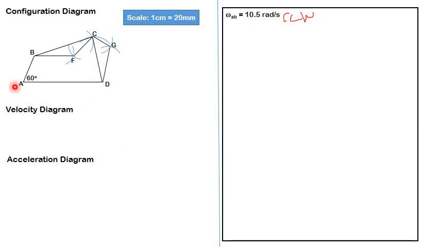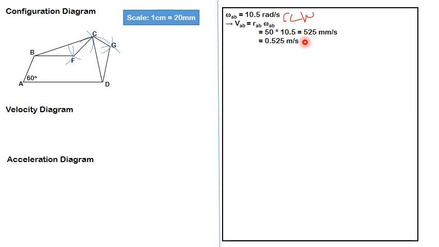So using this angular velocity of link AB, I can calculate the tangential velocity at point B by using this formula. The tangential velocity at point B is the product of the length of AB, which is r AB, and the angular velocity, omega AB. The length is 50 mm, angular velocity is 10.5. I got 525 mm per second, which I converted to meters, and the answer is 0.525 meters per second. So this is VAB.